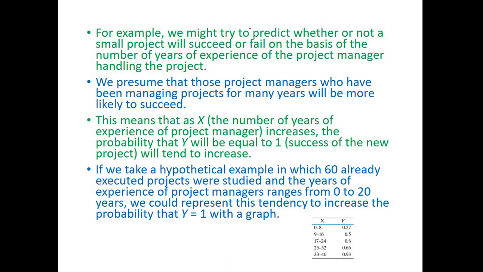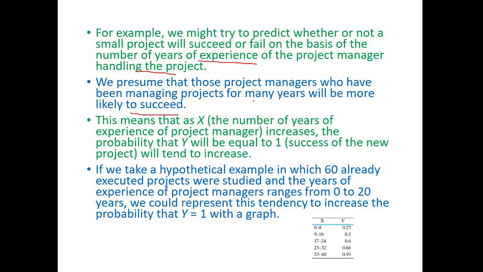For example, we want to predict the success of a project based on the number of years of experience of the project manager handling the project. We assume that a project manager having more years of experience is likely to succeed in the project.